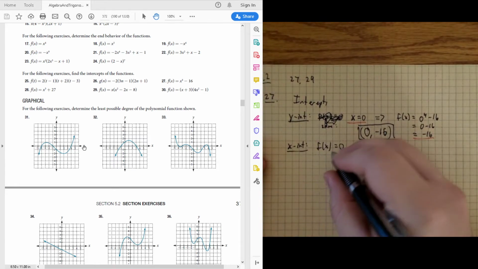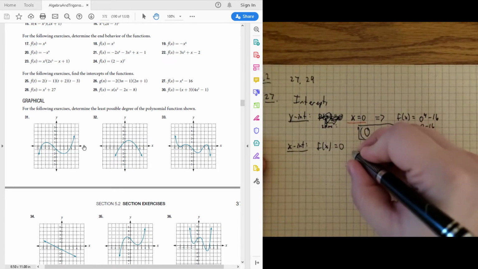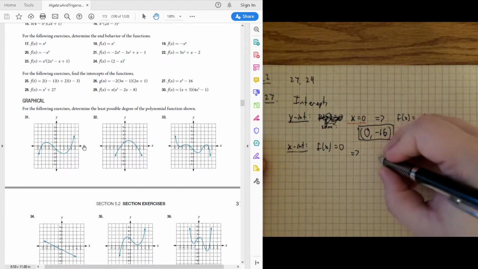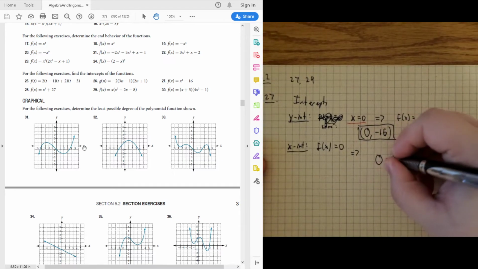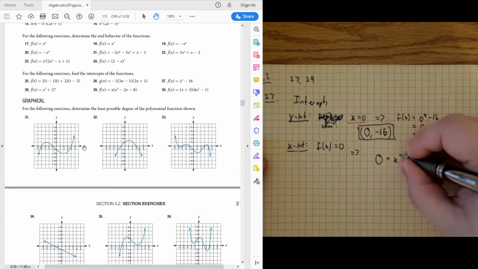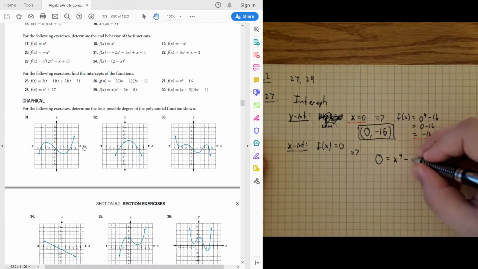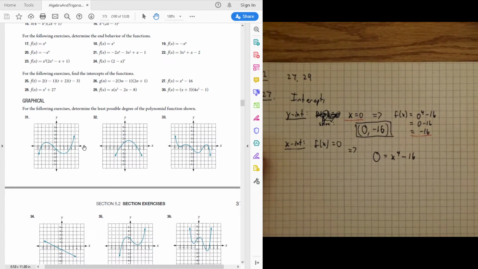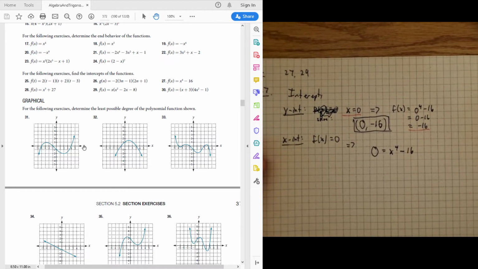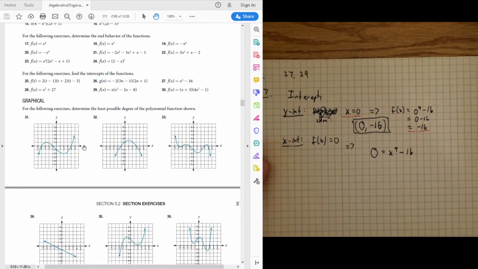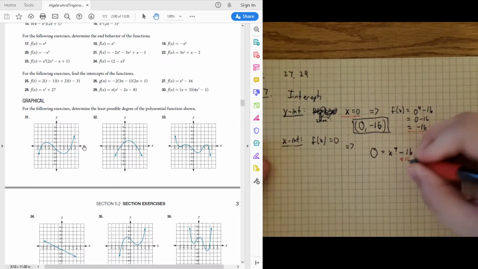So it says take f of x and let that part equal 0. Well, what's that look like? Well, if f of x equals 0, that means the left-hand side equals 0. Okay, how can we solve this? Well, I'm actually going to solve it by the direct method. I'm going to add 16 to both sides.